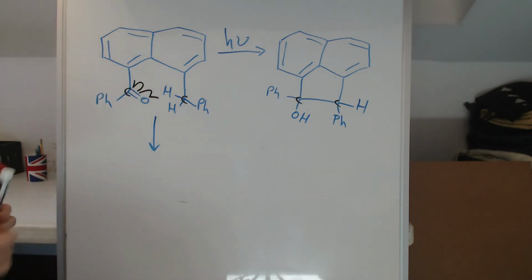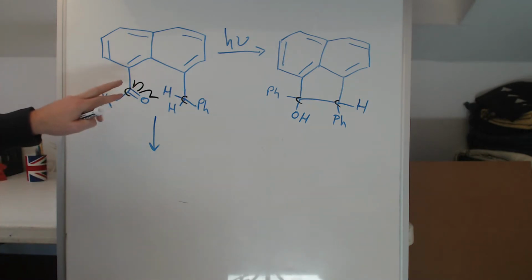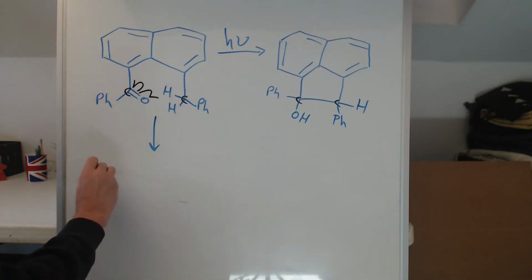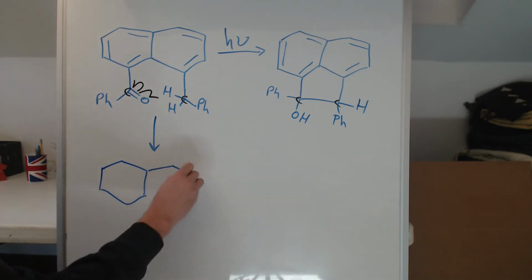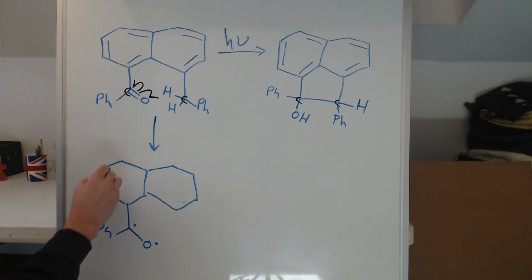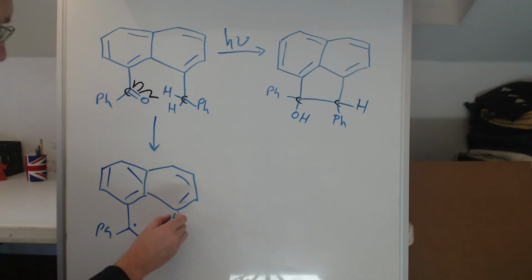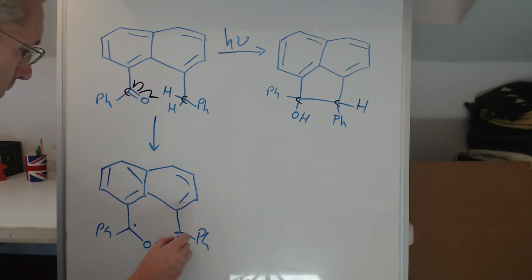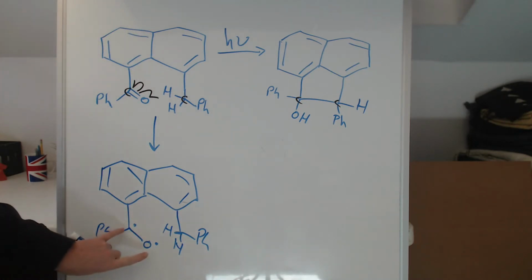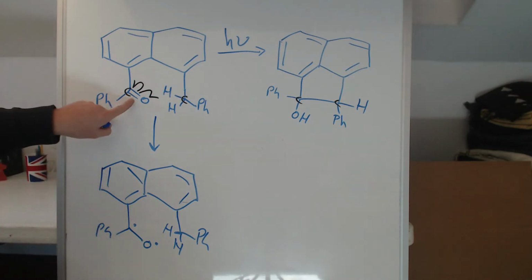So if we draw our curly arrows showing movement of one electron to give us our diradical, the first intermediate would look like this. So we have our diradical species from the photochemical excitation of our carbonyl.